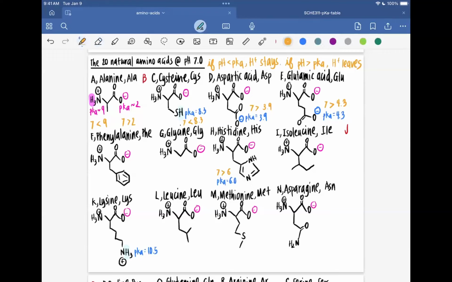Lysine is our next amino acid with an ionizable proton. And when we compare the pH of 7 to the pKa of 10.5, 7 is less than 10.5, which puts us in this first scenario, and the proton will stay. So at pH 7, we're going to maintain our positive charge in the side chain of lysine.